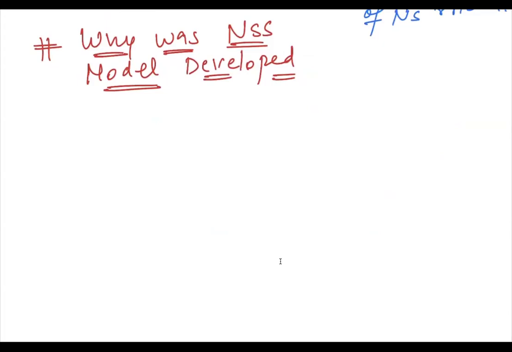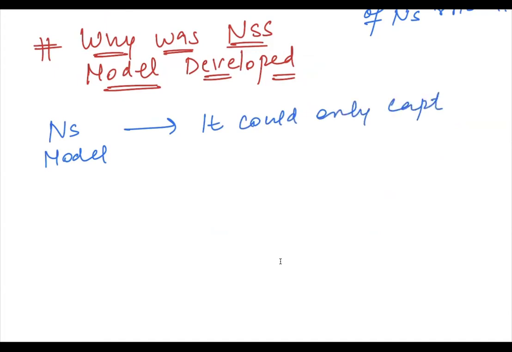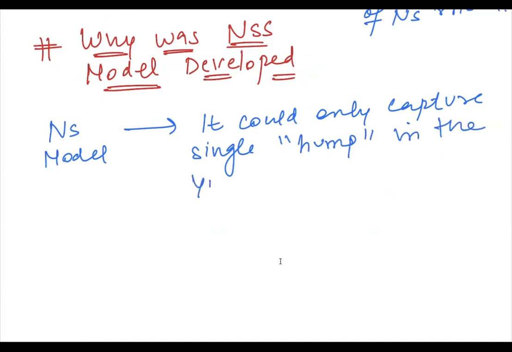So if you see the Nelson Siegel model, it could only capture a single hump in the yield curve. Okay. So let's say we have a yield curve something like this, right?